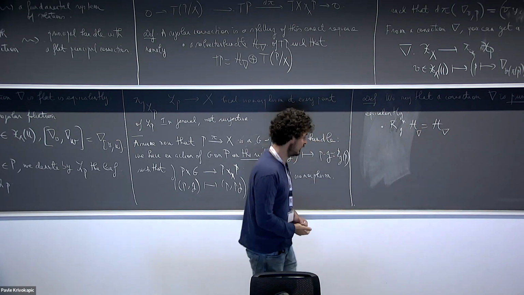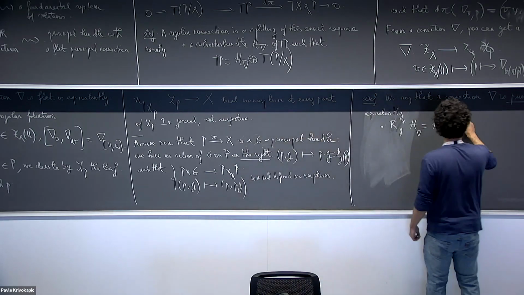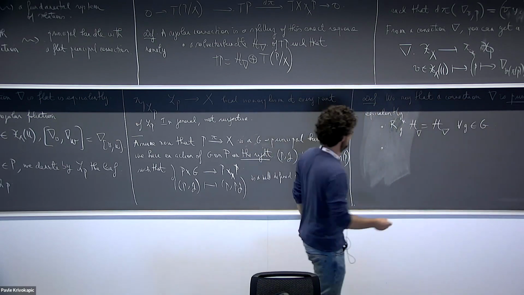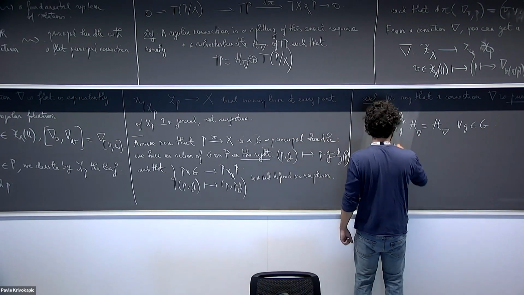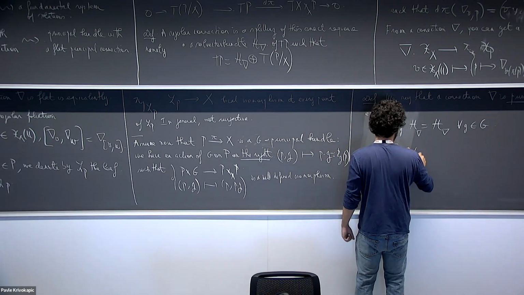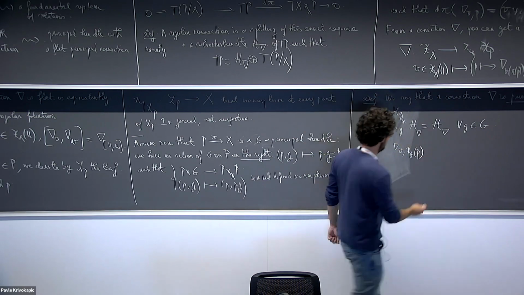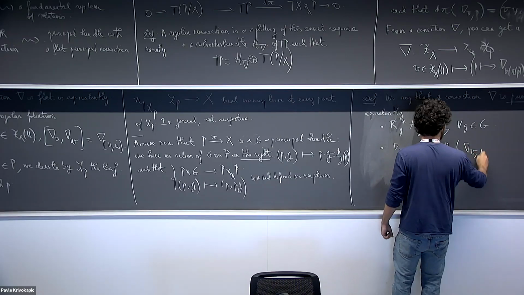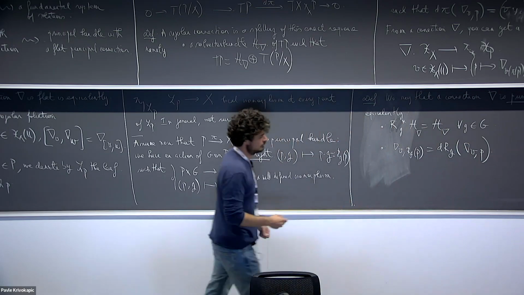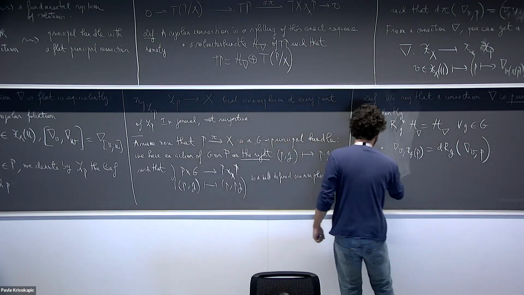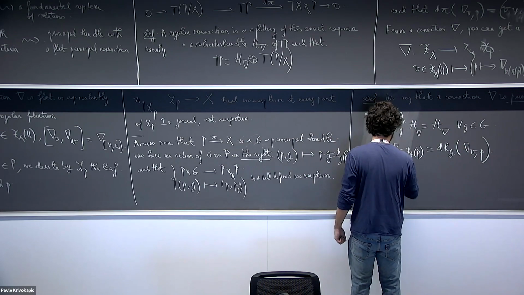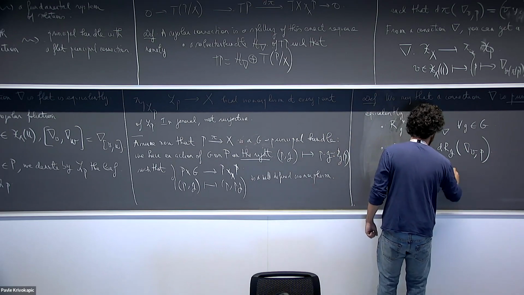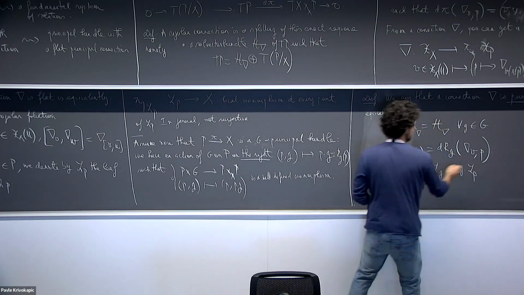The foliation is stable by the action of G for all g in G. You can also view it on the operator that I defined here. If you want to compute delta V at the point R_g of P, you just have to take the derivative of R_g and apply it to delta V at the point P. And the third possibility is that for every leaf L_P, the leaf through g times P is g times the leaf of P.